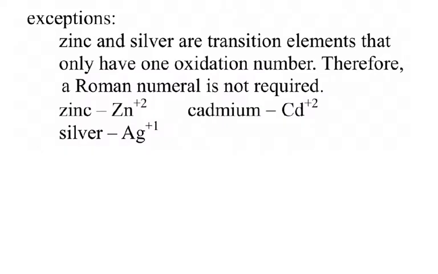Now, there are some exceptions. There are a couple of transition metals, not too many, that don't need a Roman numeral because they only have one charge. The purpose of a Roman numeral is if you have more than one charge, so that the person knows which charge to use. Zinc, silver, and cadmium are three exceptions.